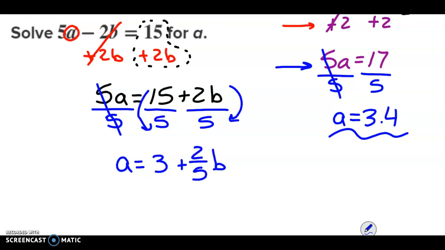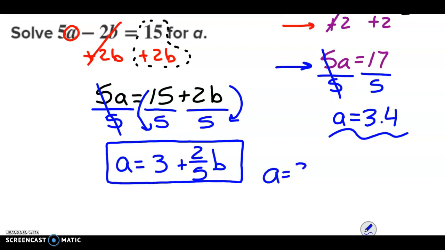I think that's how you're probably going to see it on Alex and in your textbook or your notes more often. I think you're going to see it as 2/5 b. This would also be correct: 3 plus 2b over 5, to leave it exactly like you had it up here. That's correct as well. I think you're probably going to see this version more often, with that 2/5 fraction out front of the b. Okay, so that one's done.